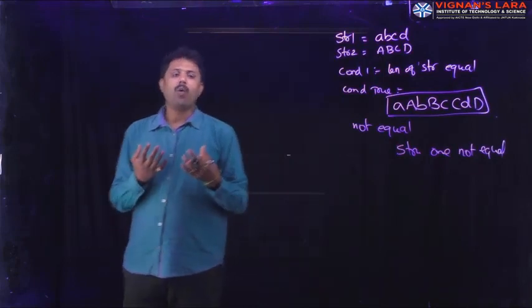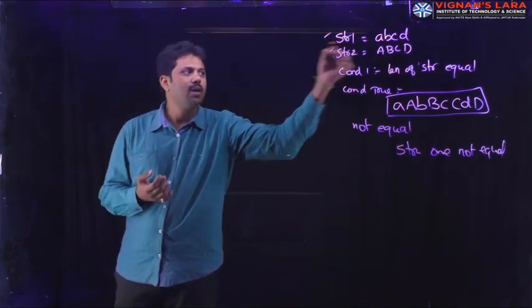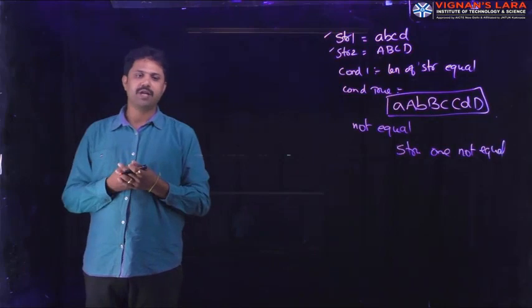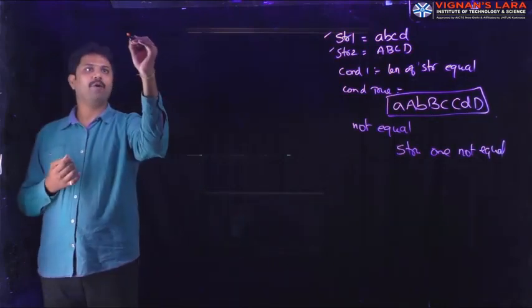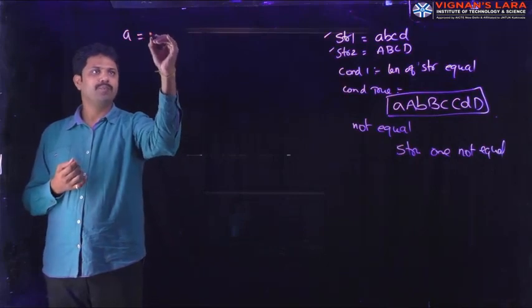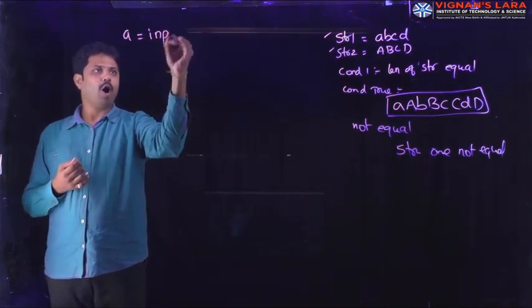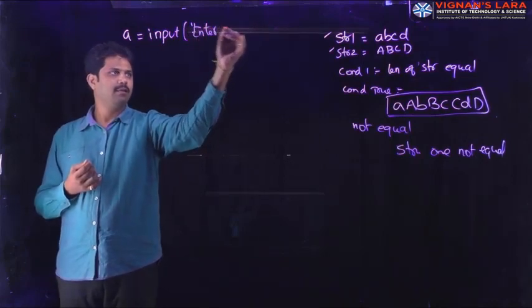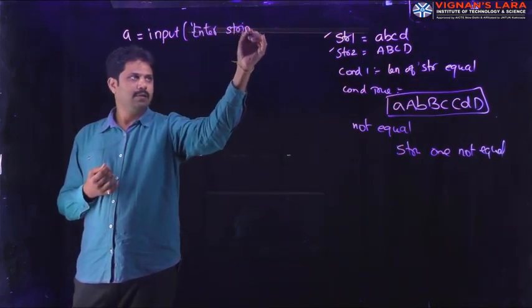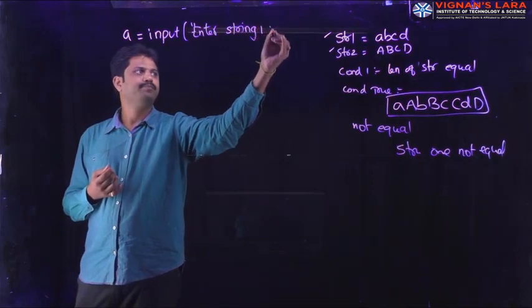First, how can you take these 2 strings? We already know we have an input statement. By using the input statement, you can take 2 strings. I am going to take A equals input of enter string 1.